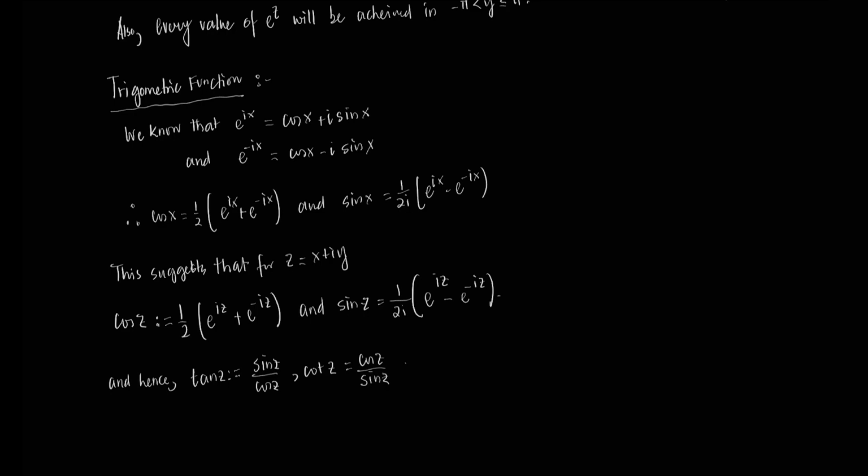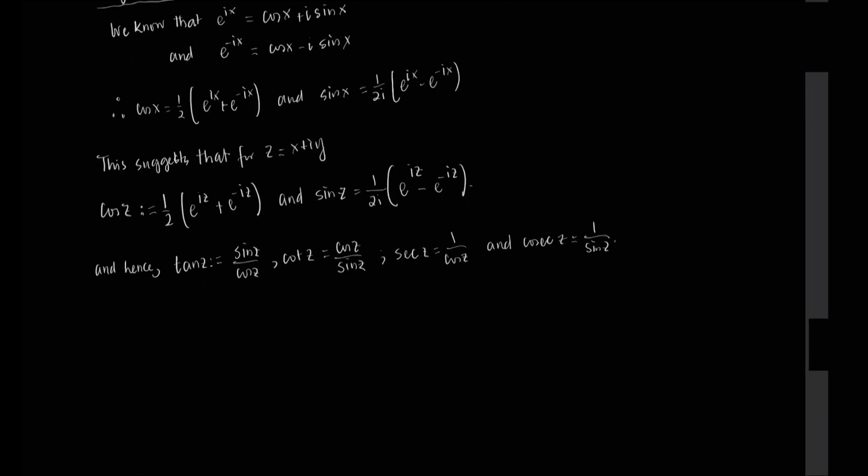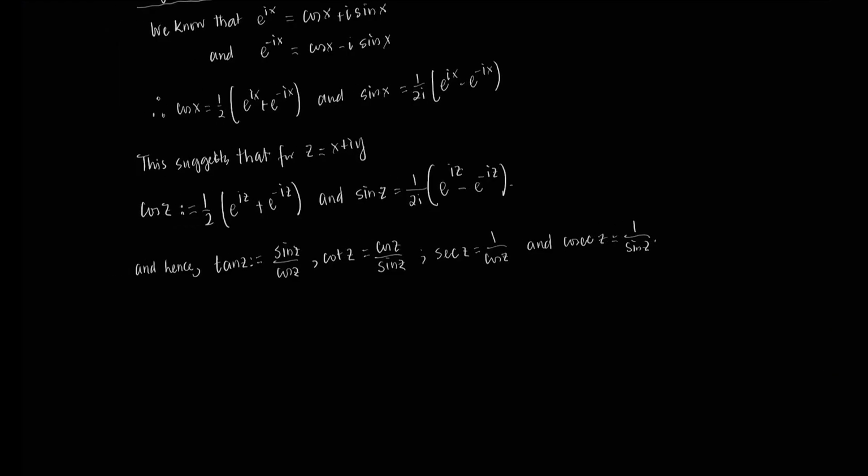And of course, the secant of z is going to be 1 by cosine z, and the cosecant of z is 1 by sine of z. So these are the new functions, the new definitions which we came up with.